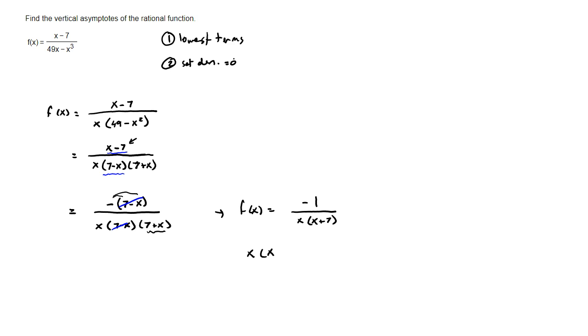So x times x plus 7 is equal to 0. And when I do that, I do get two asymptotes. X is equal to 0 and x is equal to negative 7. And both of these will be the vertical asymptotes for this function.